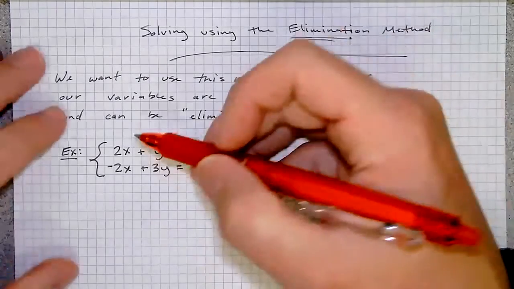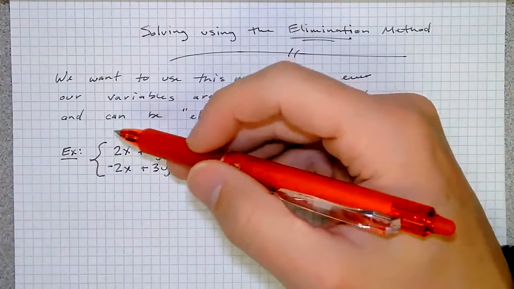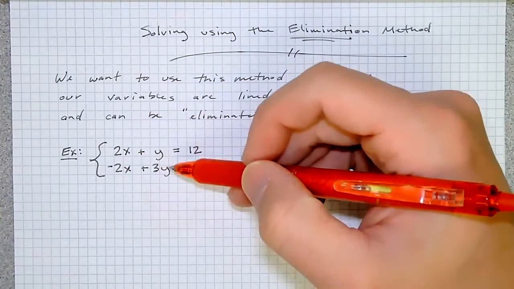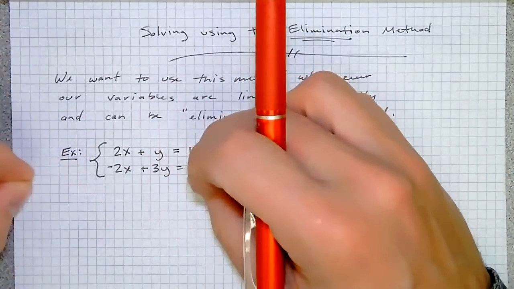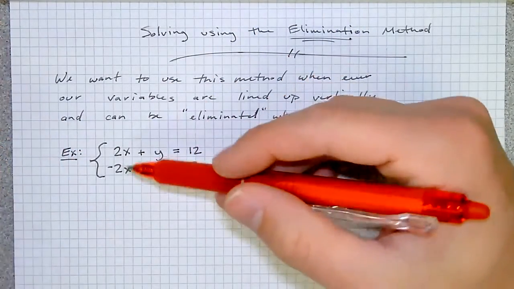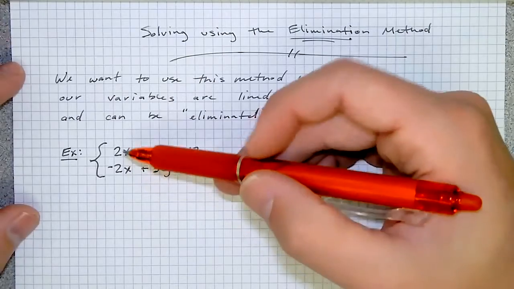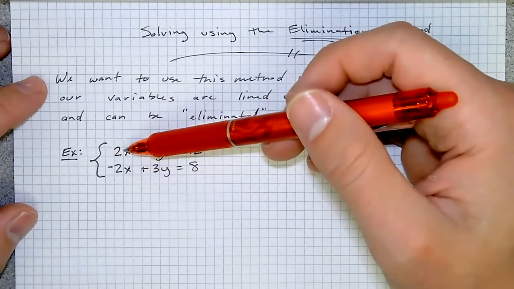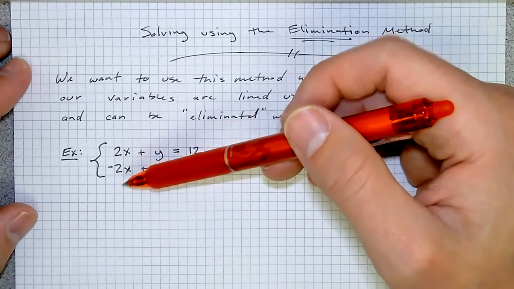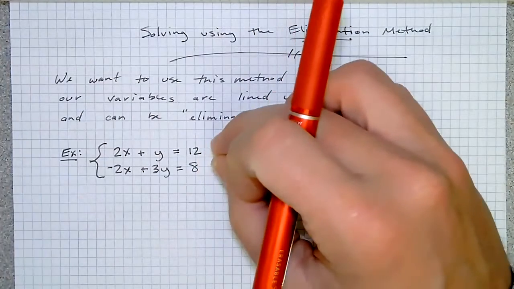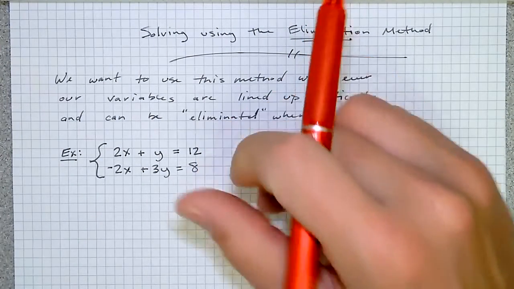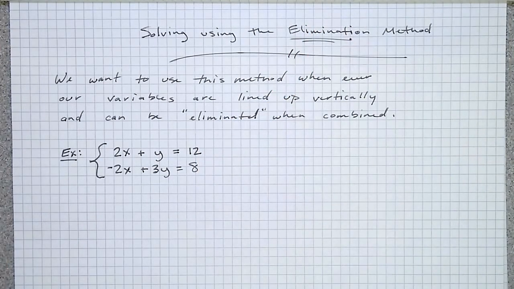Okay. So what we're looking for are two variables that, when we combine the equations together, one of them is going to cancel out. So this one, we have 2x and negative 2x. So when we combine the two equations together, the x's are just going to be eliminated.